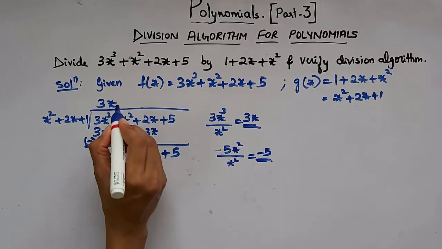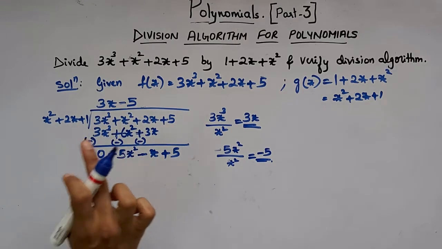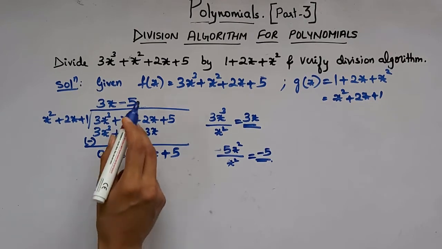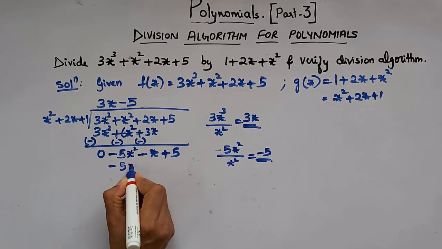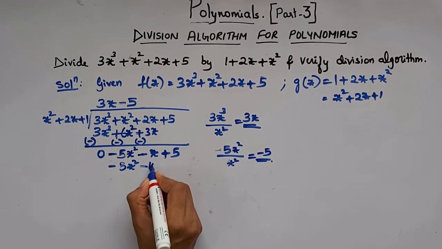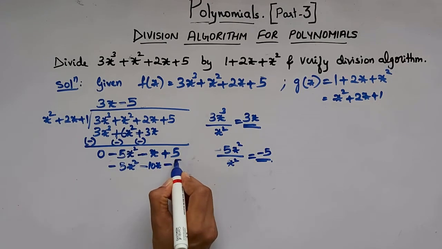Now write this minus 5 here and multiply minus 5 to the divisor. Minus into plus is minus, 5 into x square is 5x square, minus into plus is minus, 5 2s are 10x. Minus into plus is minus, 5 1s are 5.